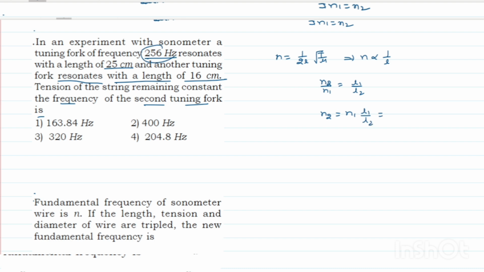The initial frequency is 256 Hz, the initial length is 25 cm, and the final length is 16 cm. So 16 into 25 gives 400 Hz. So 400 Hz is the correct answer.